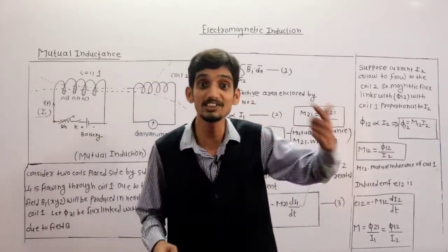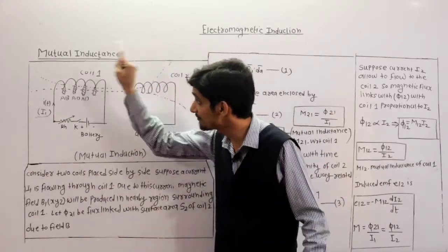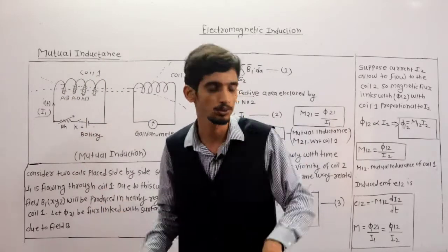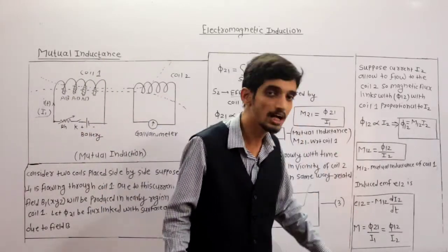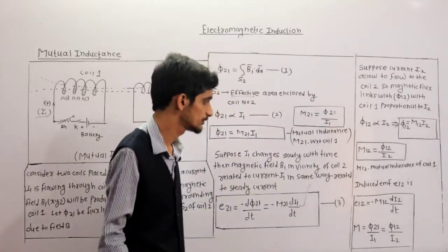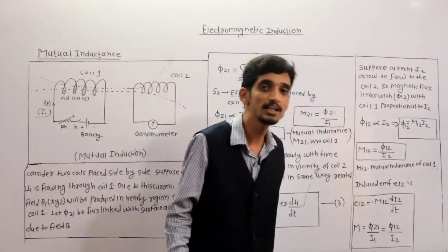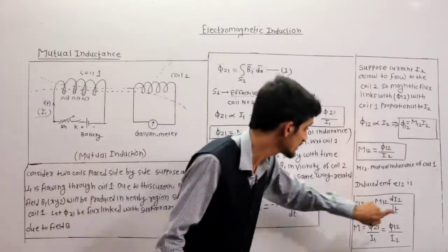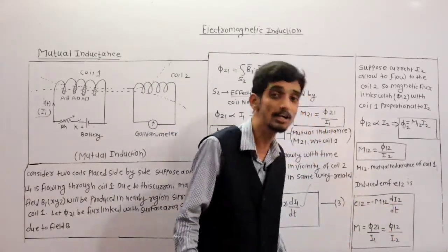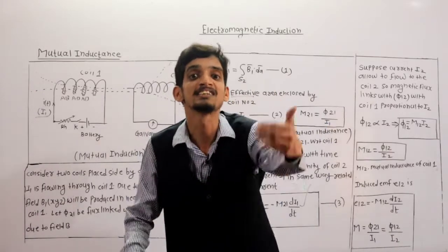Why? Because now current is changing in the second coil, but EMF is induced in the first coil. E12 is equal to minus M12 into dI2 by dt. So it is the EMF induced in the first coil due to change in current in the second coil, where dI2 by dt is the change in current in the second coil.